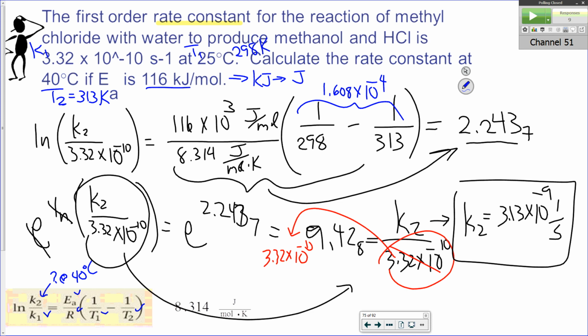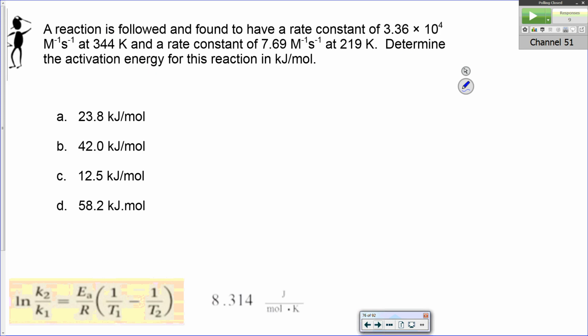You can rearrange the algebra and solve for K2 before you ever plug it into your calculator. I think it's much easier, since you know everything on the right, to make that a number and calculate that. So you do the approach you've learned to solve the math. That's one way to approach it.